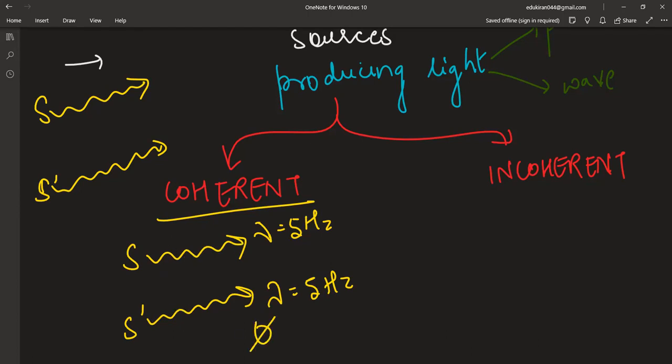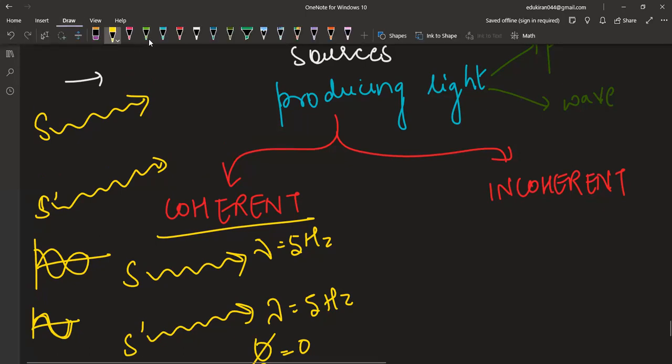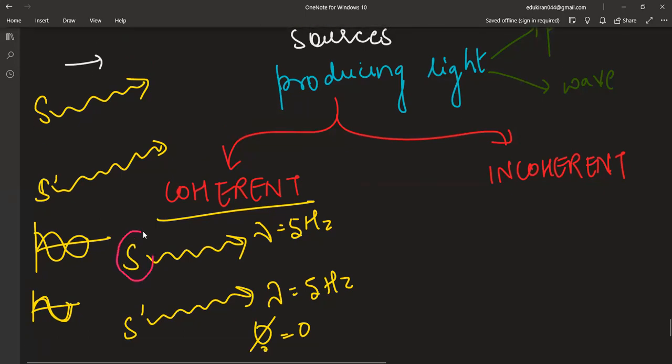That is, phase difference between them is 0. There is no phase difference. If one wave is moving like this, other wave will move like this. No angular differences between them. Then these sources which produced these waves, we call them coherent sources.